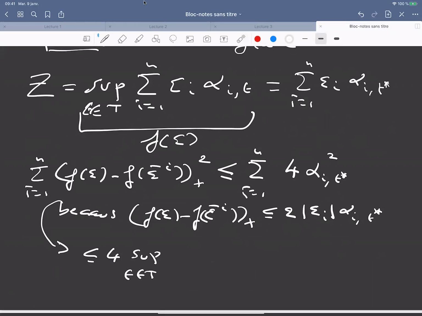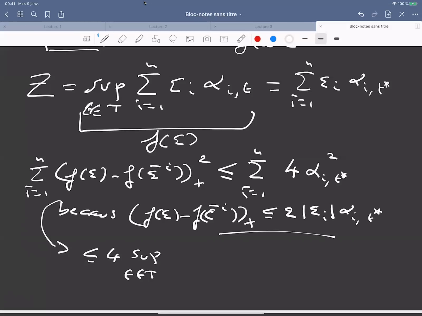Sir, I cannot understand why f(epsilon) minus f. This inequality here, we have already seen how to do that. You have done it two or three times already.